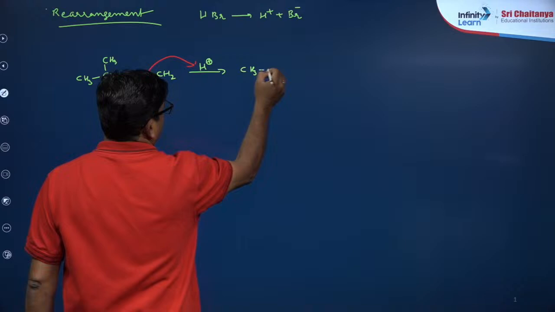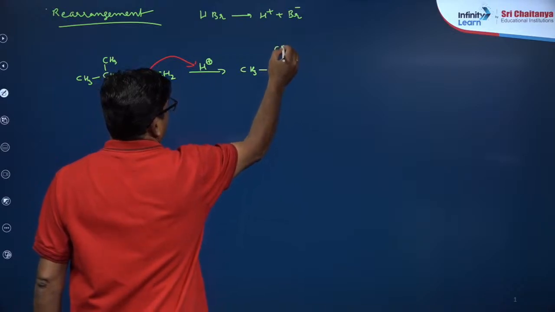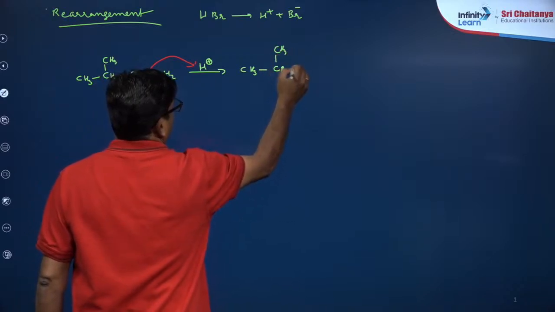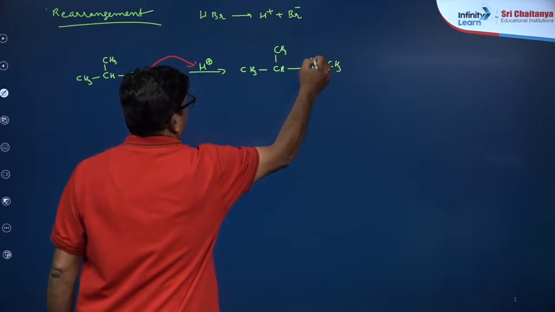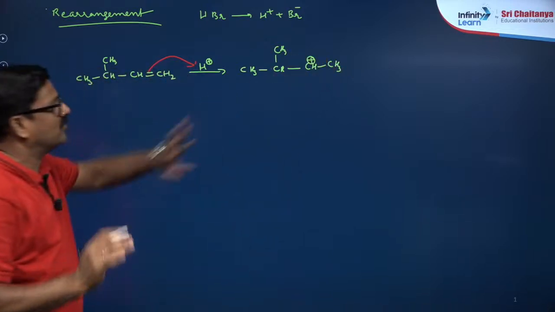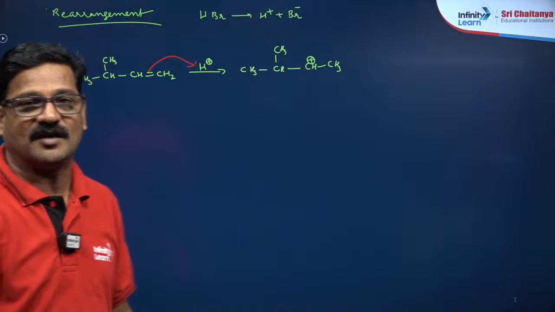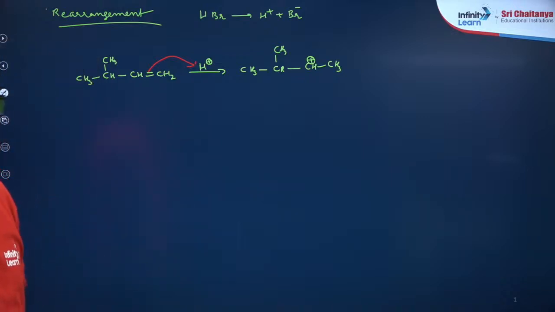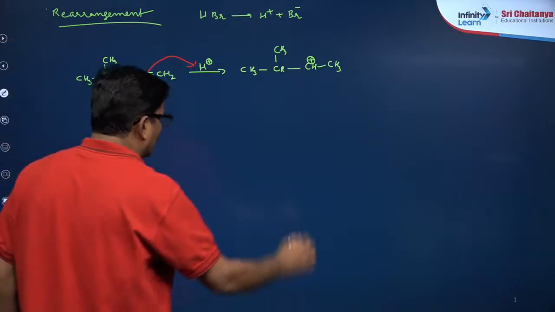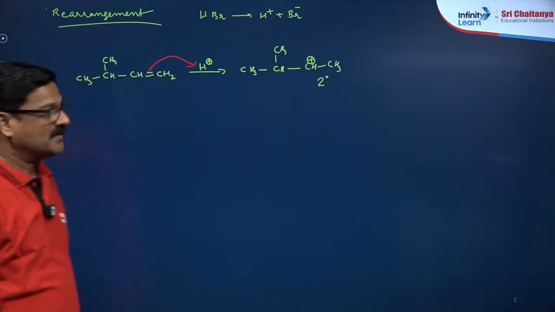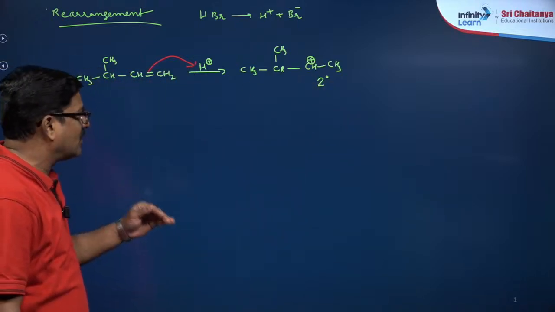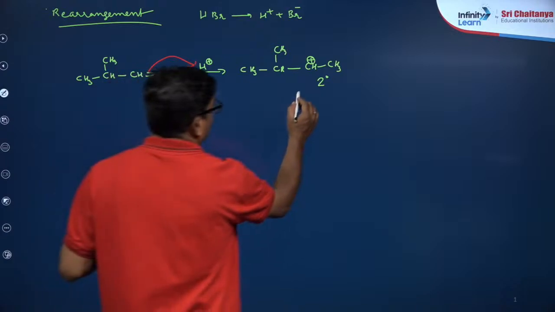So this is CH3, CH, CH, CH3 positive. So what kind of carbocation is it? It is a secondary carbocation. So the secondary carbocation is less stable.